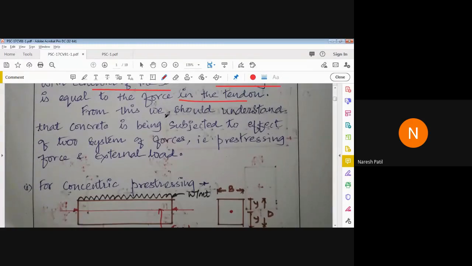So from this, we should understand that concrete is being subjected to two systems of forces: one is the pre-stressing force, that is the force carried by the tendon or cable, and the other is the external load.